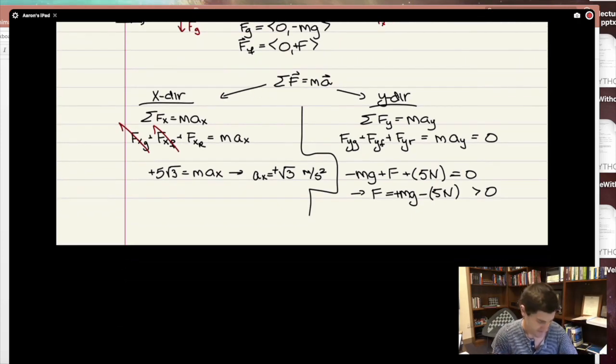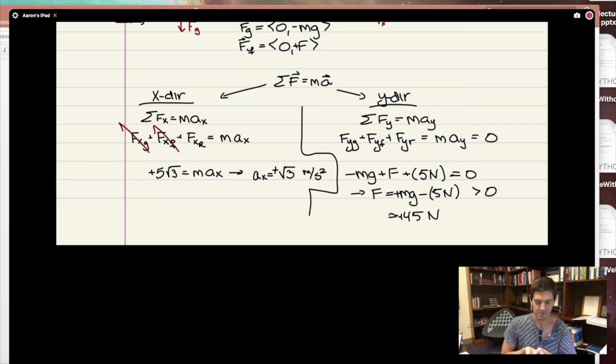If I round g up to 10, then this is approximately 45 newtons. Plus 45 newtons. So again, what is that saying? It's a plus. That means the floor is pushing up on the box to keep it from sinking into the ground via gravity. And since this contact force is positive and pointing away from the surface, all of this is self-consistent. The box does not float into the air or sink into the ground.